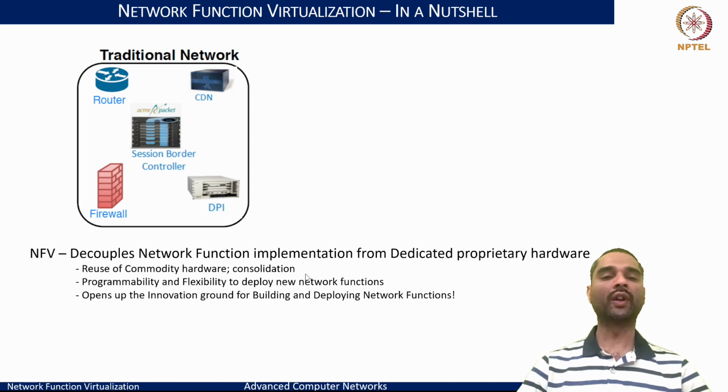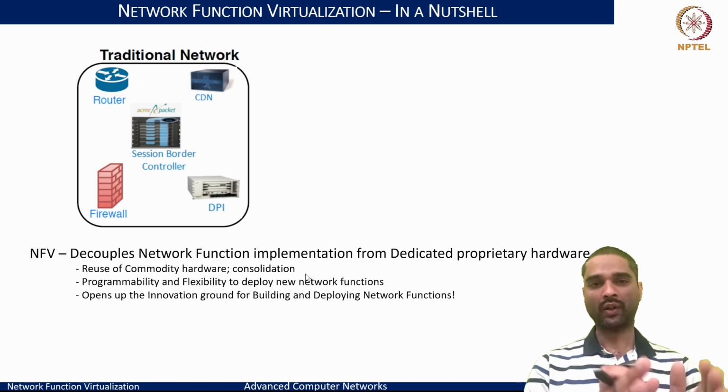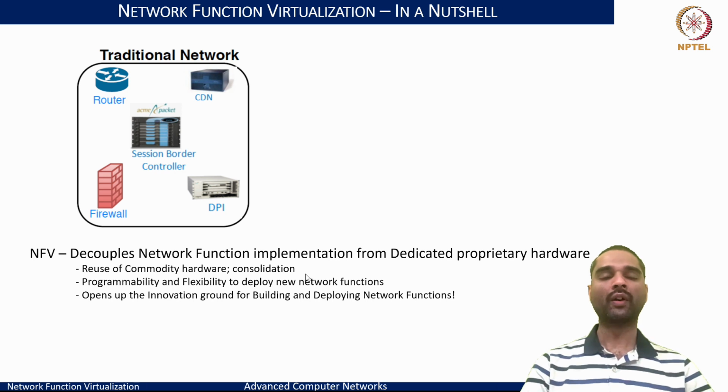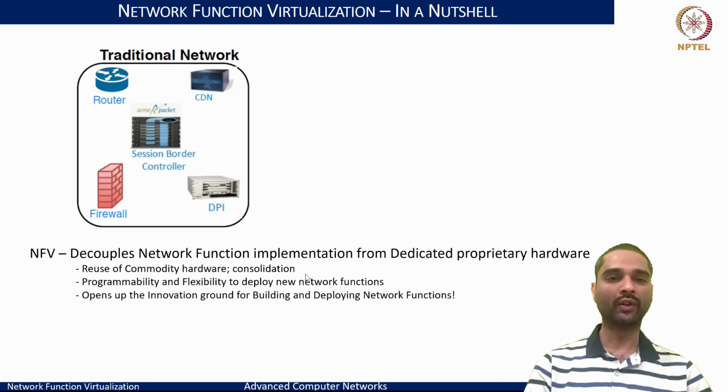What NFV tries to do is, if we see these devices, they are all purpose-built dedicated hardware. That means if I have a network with a router, with a CDN, with a firewall, I am talking about at least 3 different devices that I have to manage and set up.